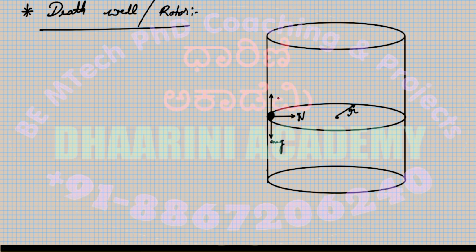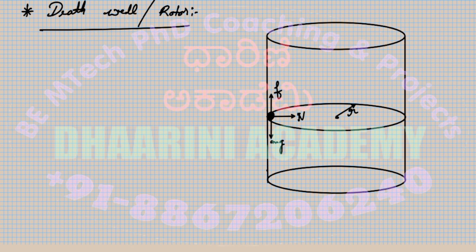So let's denote this as f. Basically we have only these variables present. Now in such a case, the frictional force is going to balance the weight of the person and the vehicle, and the reaction at the wall is going to provide the required centripetal force for this motion.